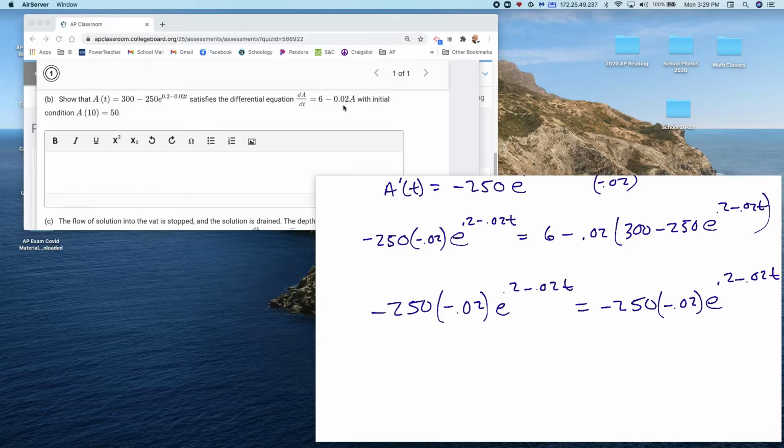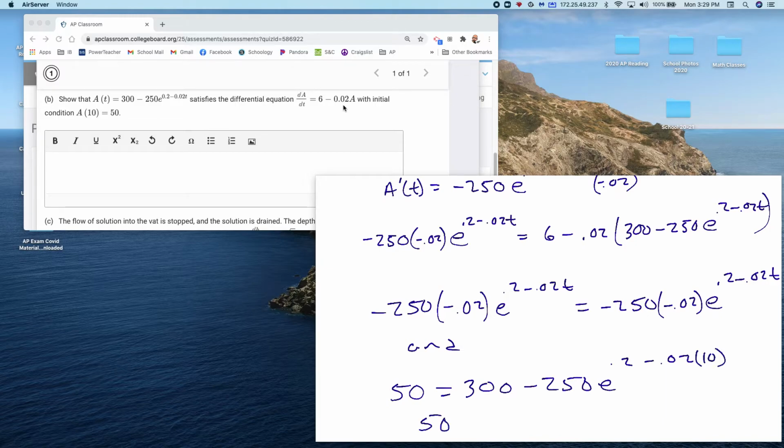And I'm going to write that 50 needs to equal 300 minus 250 e to the 0.2 minus 0.02, and we're verifying that when we plug in 10 into here.